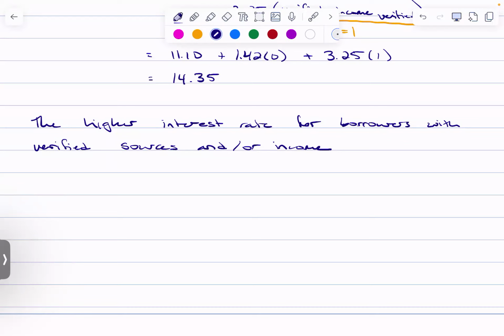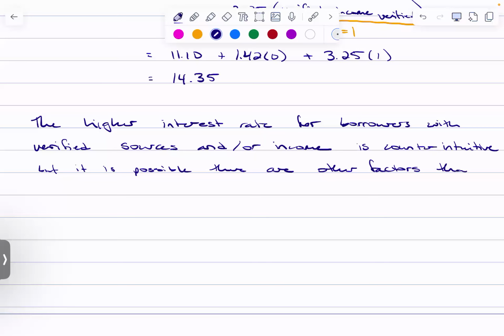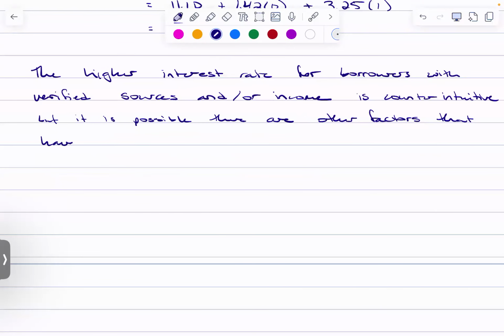So the higher interest rate for borrowers with verified sources and or income is counterintuitive. But it's possible that there are other factors that we have not taken into account. There are other factors that have not been taken into account.